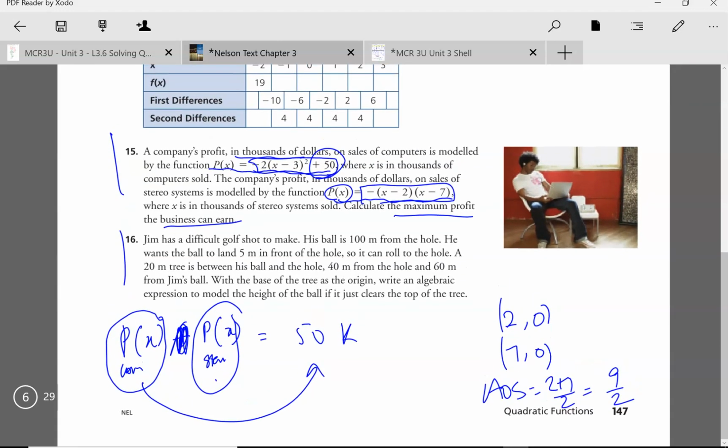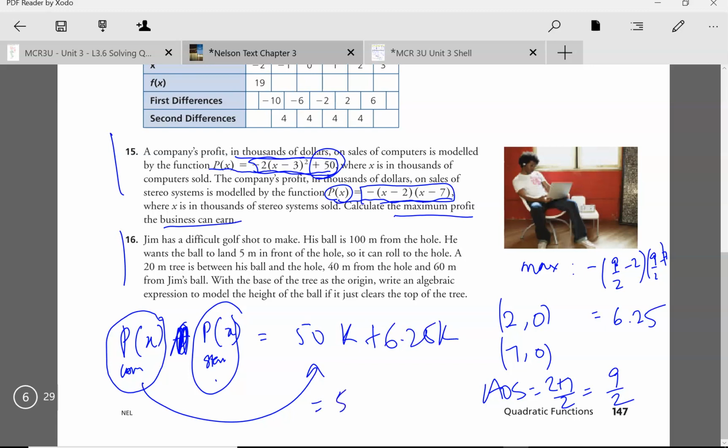And so our actual maximum value is, if you put 9 over 2 into this expression, 4.5 minus 2 is 2.5. 2.5 times 2.5 is 6.25, so 6.25K.